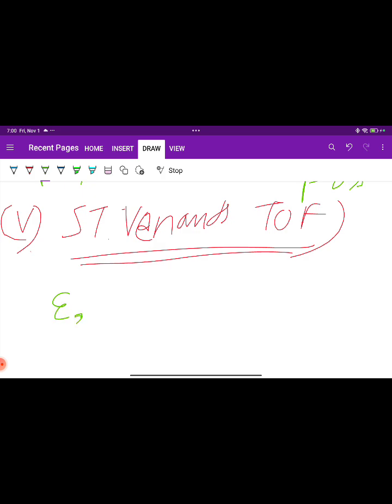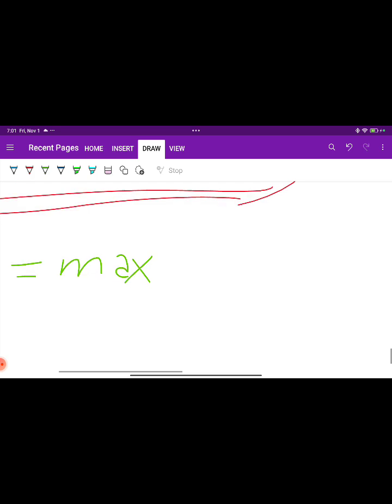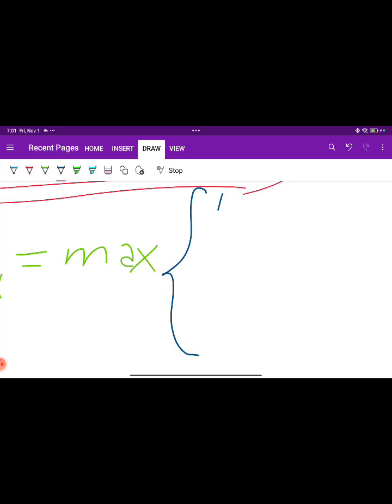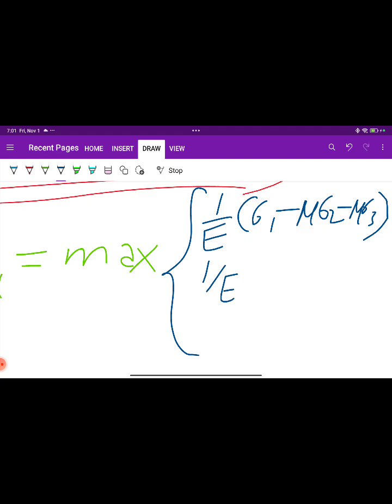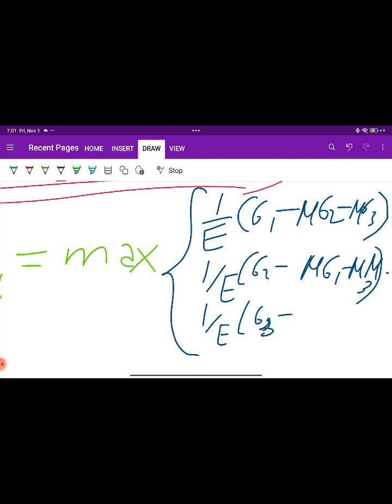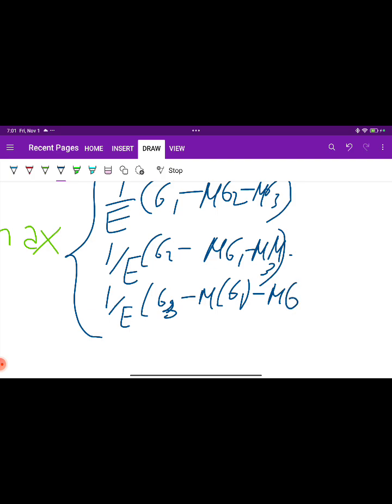So epsilon max in this condition is the max of, and you need to just remember this, the max of the 3: 1 upon E sigma 1 minus mu sigma 2 minus mu sigma 3, or 1 upon E sigma 2 minus mu sigma 1 minus mu sigma 3, or 1 upon E sigma 3 minus mu sigma 1 minus mu sigma 2.